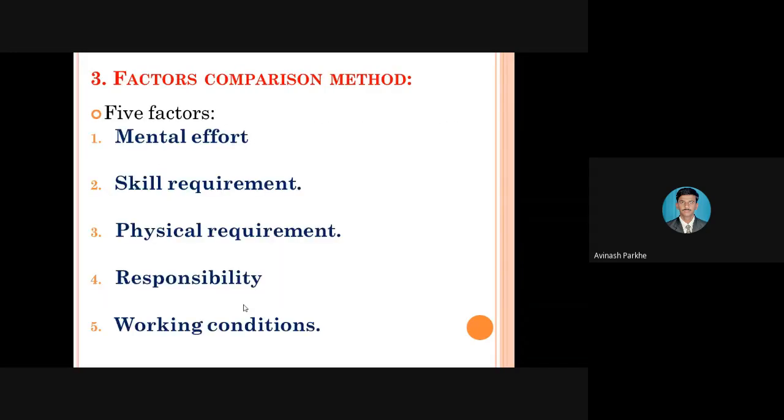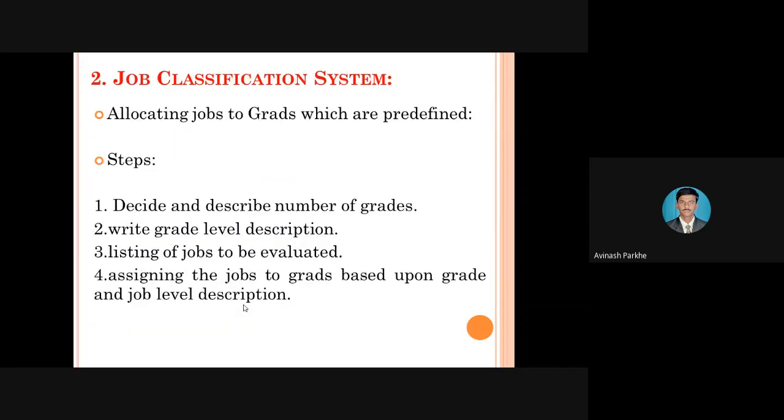So what is the difference between the first method and the second method? In the first method, we are giving the ranking in the form of low, medium, and high. Only three factors are available: low, medium, high, and that first method is applicable for limited jobs.